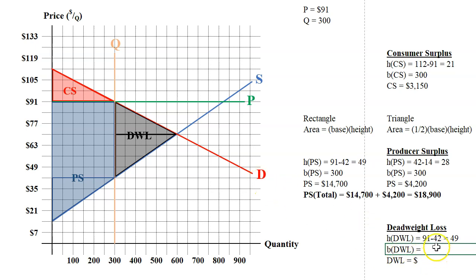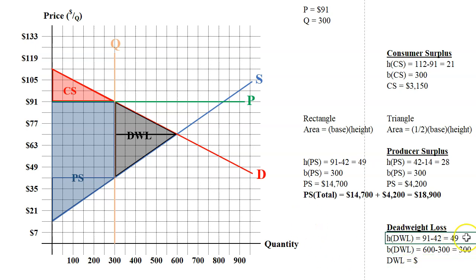Now the base is going to be the distance from the quantity over to the equilibrium quantity. So the deadweight loss is the loss in quantity produced that we would produce if it was the market equilibrium. All right, so we have 300 here, and we have 600 over here, so the base is 600 minus 300, which is 300, okay?